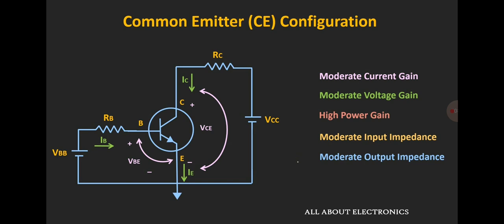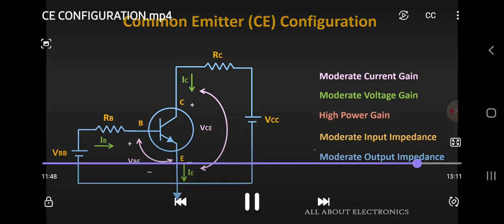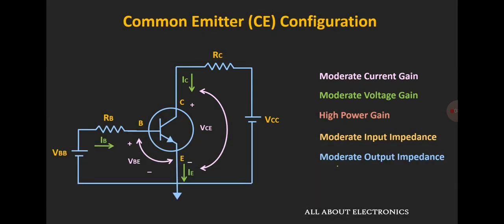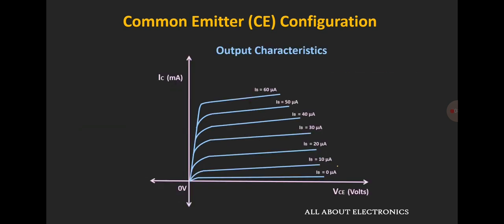Now if we talk about the input and output impedance in this configuration, then they are in the moderate range. Typically the output impedance is in the range of 50 to 100 kilo ohms. Although it is high, it is lower compared to the common base configuration, because if you see over here in the output characteristic, these collector curves are not perfectly horizontal.